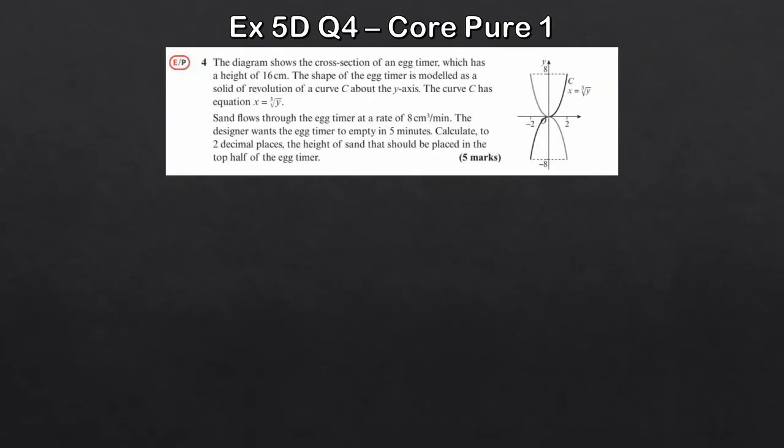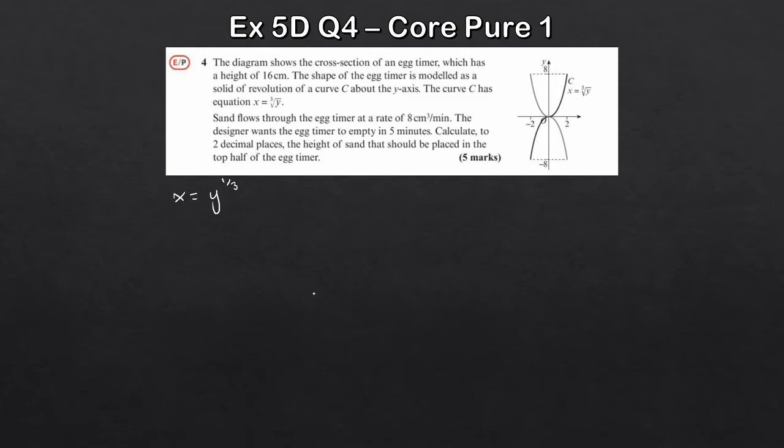This time we've got a volumes of revolution question, but it's in the context of a modelling scenario. So what we've got here is an egg timer. That's where you've got the sand, and it's going to fall after a certain amount of time. Now the curve C is modelled as x equals the cube root of y, or y to the third.